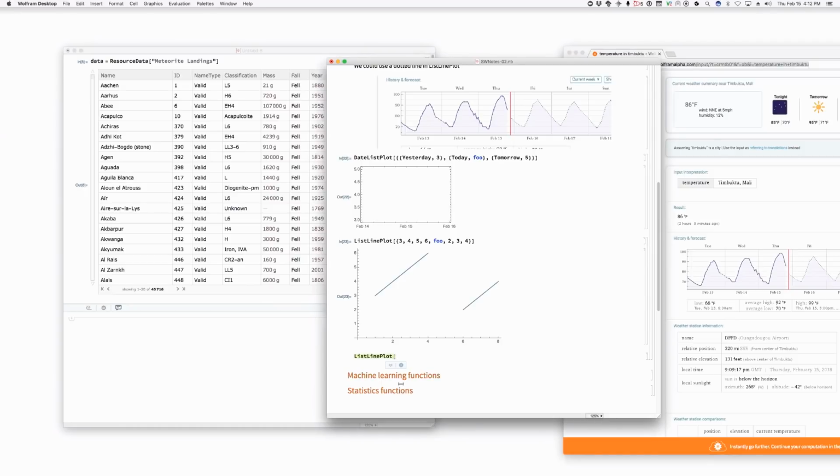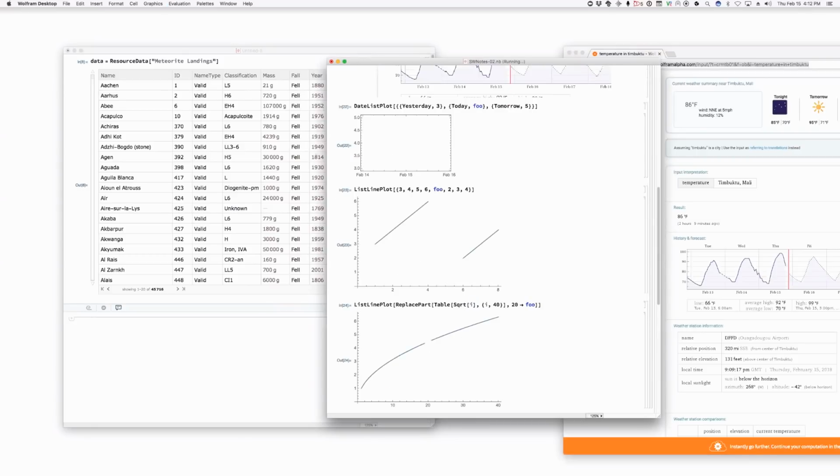Something where there are a large number of points, let's say Table of Sqrt[i], and then let's say ReplacePart, and 20 goes to foo. Okay, so that's what that's going to look like.